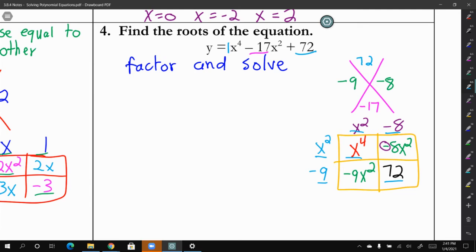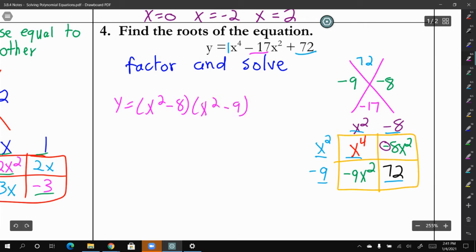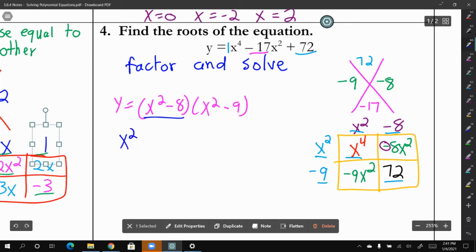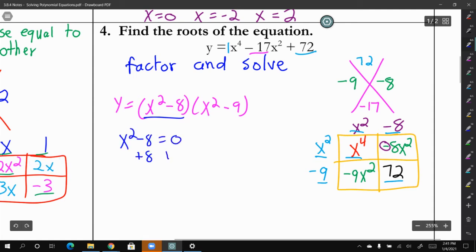So then back over here, we're going to write y equals x squared minus 8 and x squared minus 9. And then, all right, x squared minus 8, we'll set that equal to 0. Add 8 to both sides. x squared equals 8.